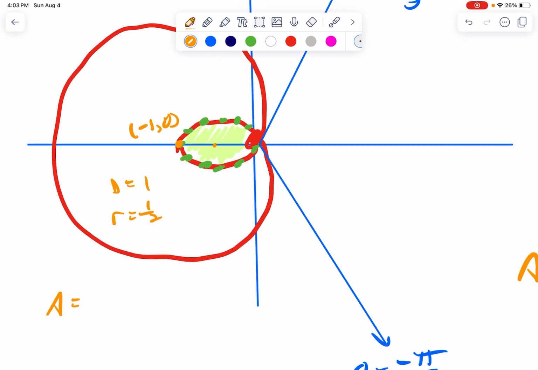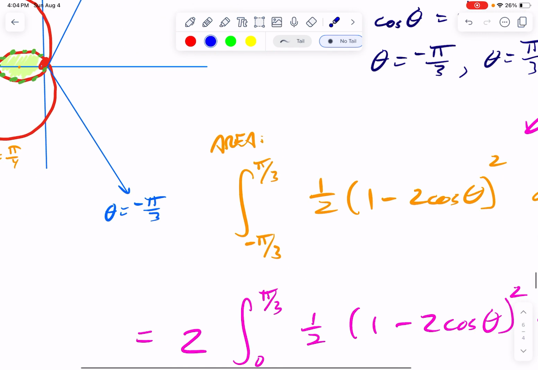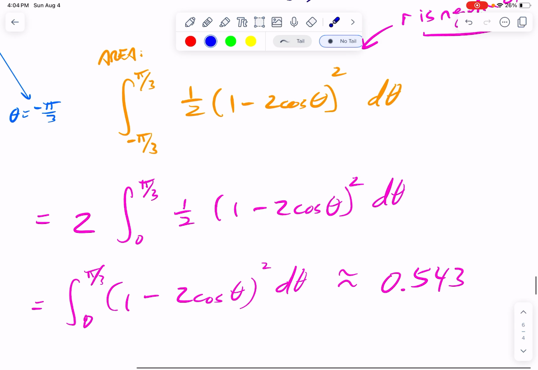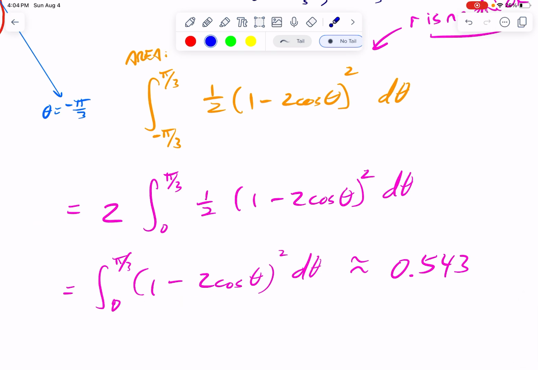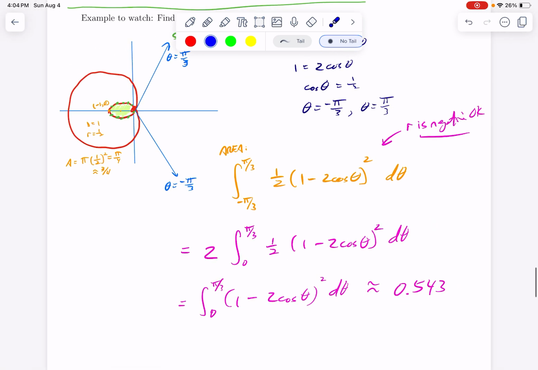So the area would be pi r squared, which is pi over 4, and pi over 4, yeah, it's approximately 3/4. We know it's actually shorter than a circle, so it should be a little bit less than 3/4. About 0.543. This seems believable. It's the right kind of number. There's really no way of saying like, oh no, it should definitely be 0.57. It's the right kind of number.